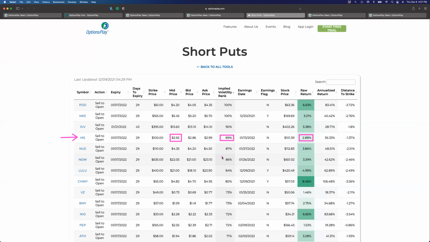These are the more boring, slightly more conservative stocks in terms of risk. Normally, in normal times, you might only be able to collect $2.50 or $2.25. Here you're collecting almost $3 on Morgan Stanley, so you're getting a bigger discount factor.